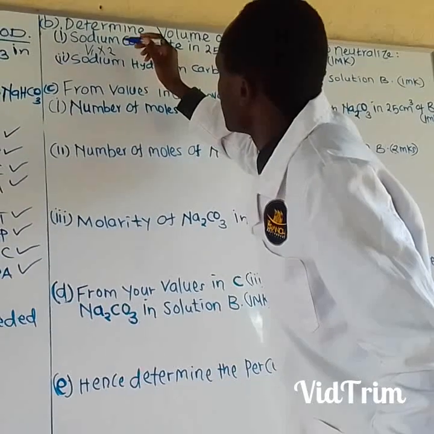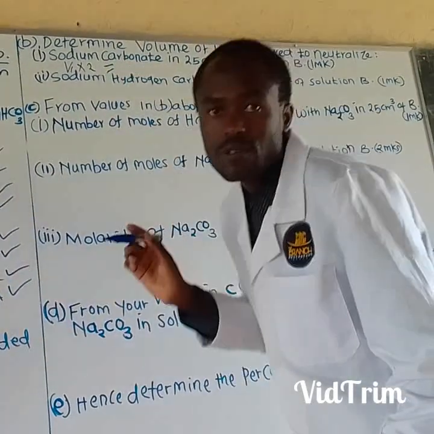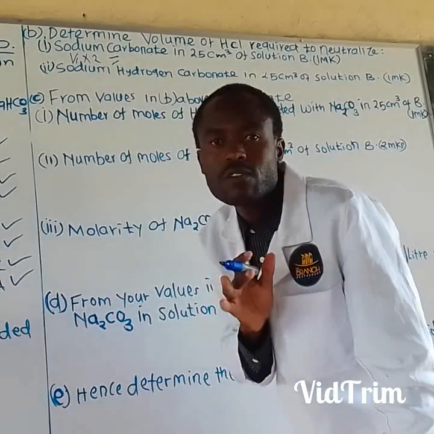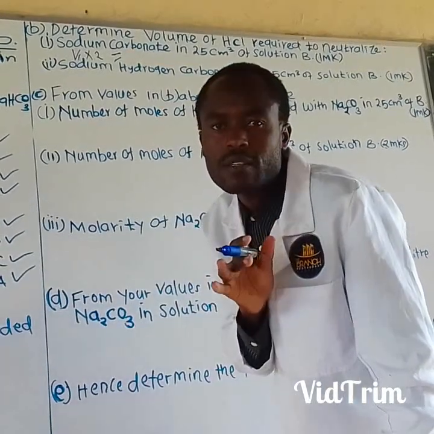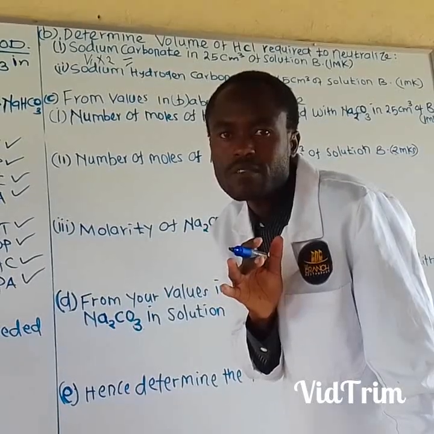We take V1 times 2. Then what is V1? V1 is the volume in table 1. Is it okay? The volume in table 1 is V1.